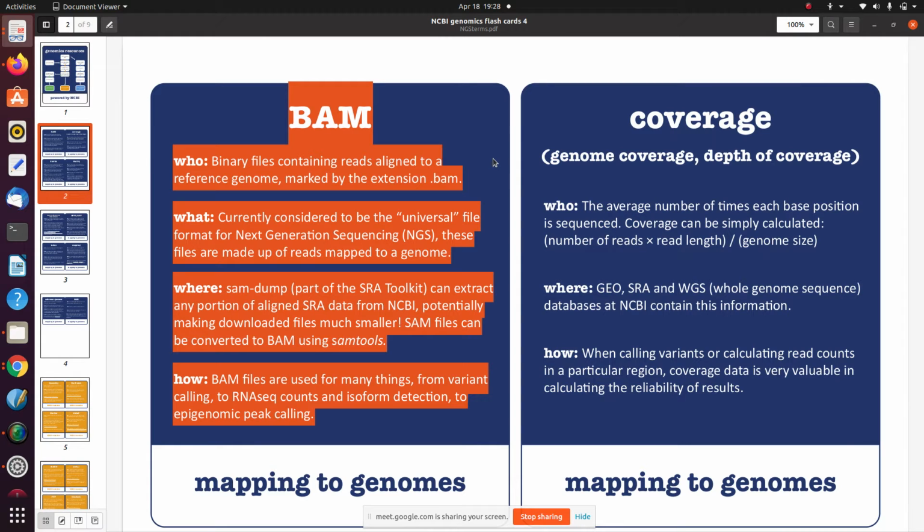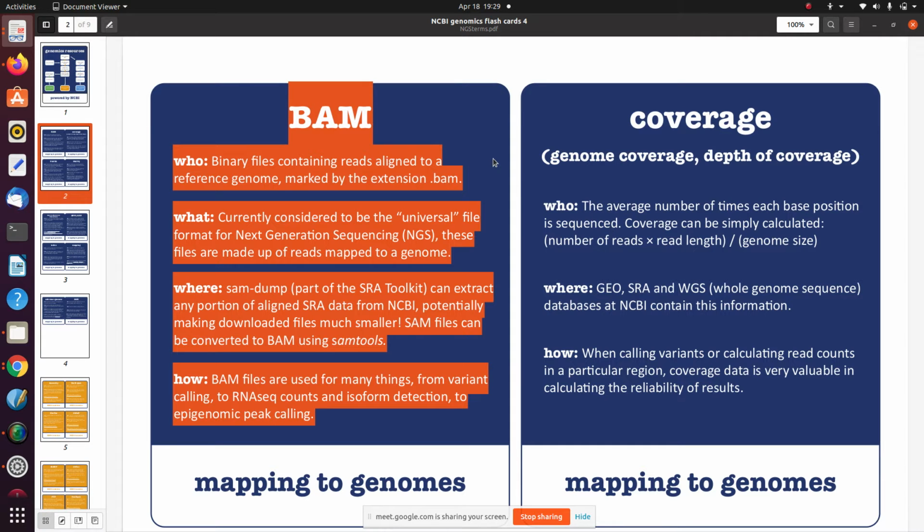BAM files are used for many things, from variant calling to RNA-seq counts and isoform detection to epigenomic calling. So BAM full form is binary aligned map format.